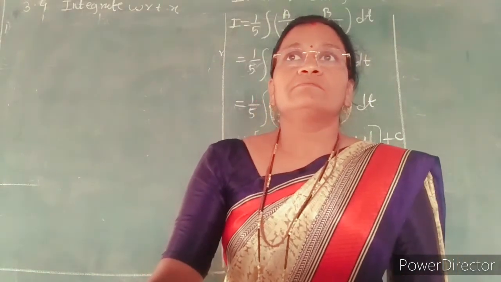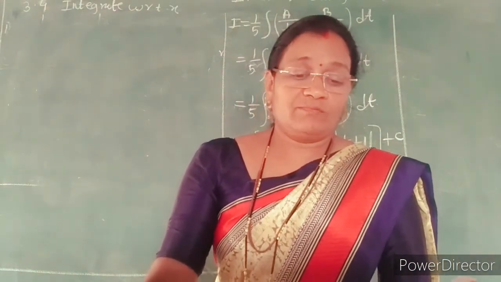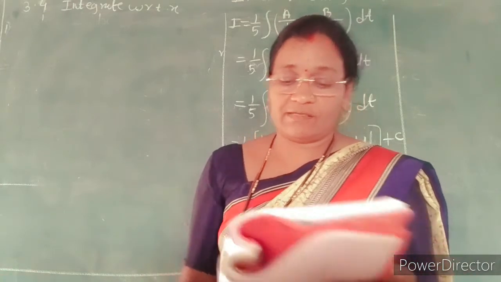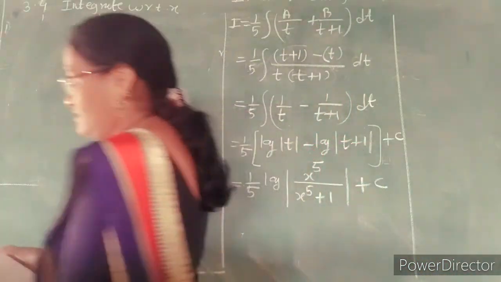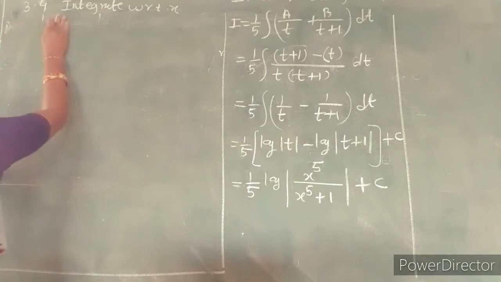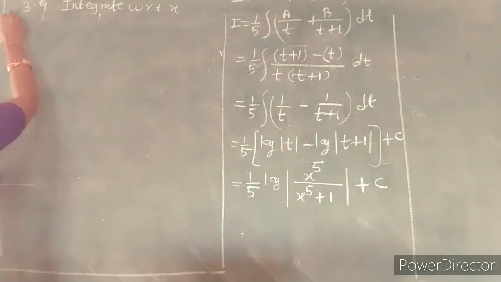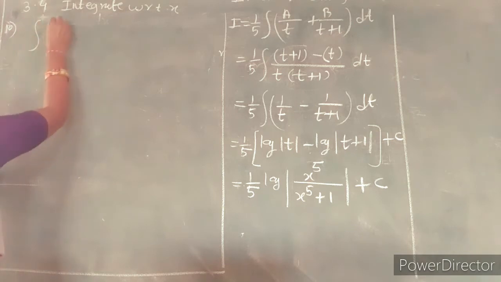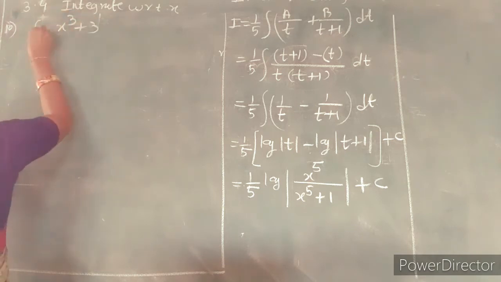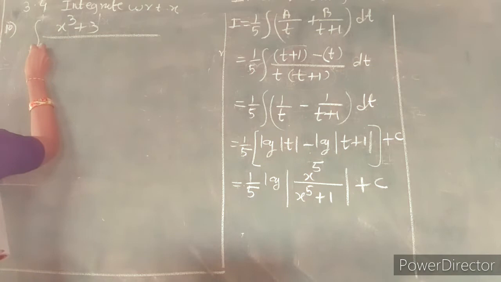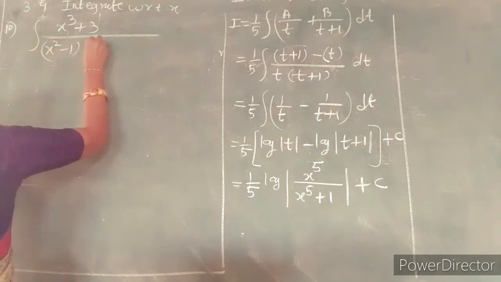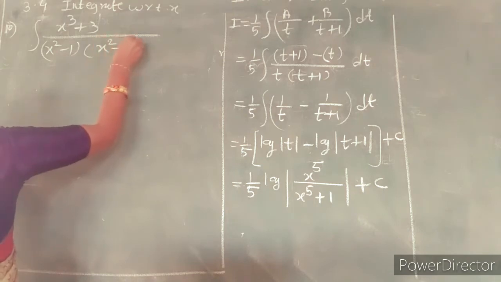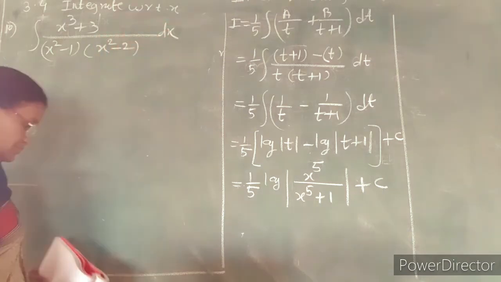Again, for this topic there is no theorem, so you only practice solving examples. We take question number 10: integral of x cube plus 3 upon x square minus 1 and x square minus 2 with respect to x.